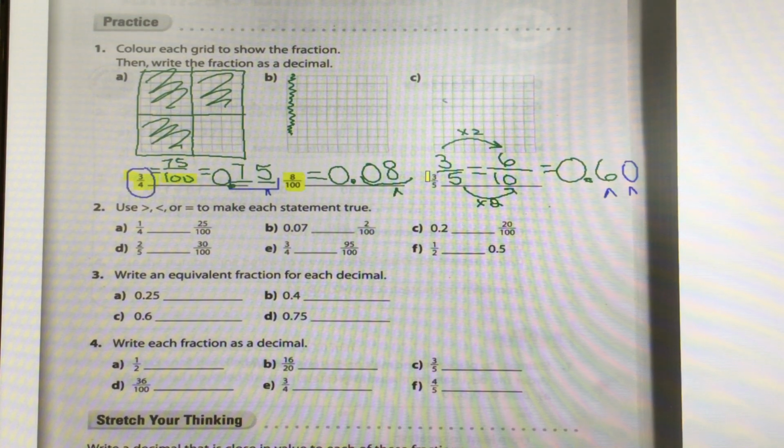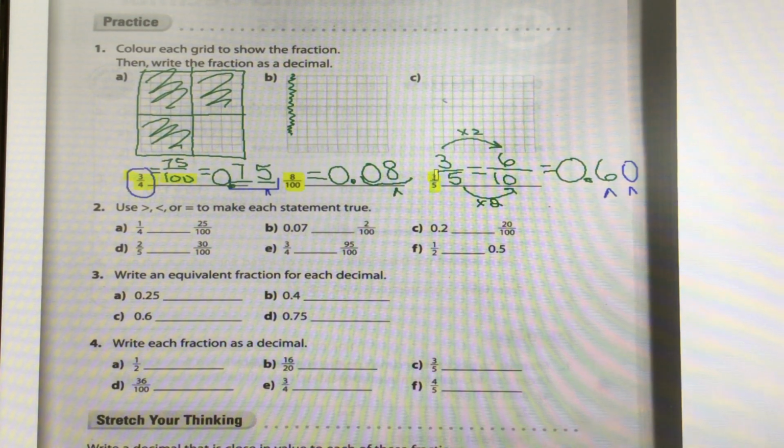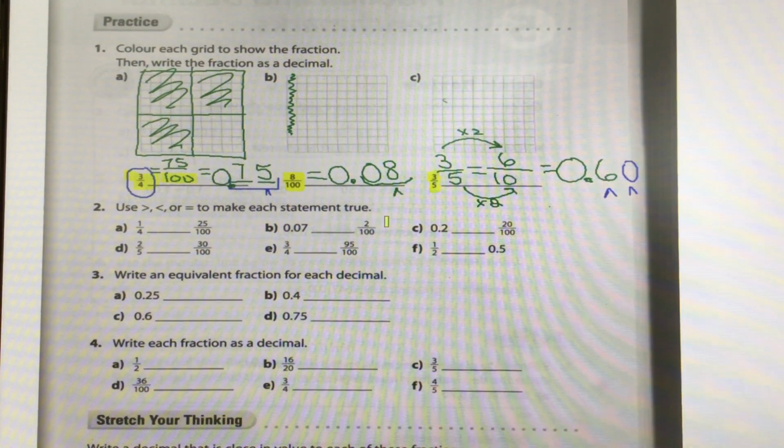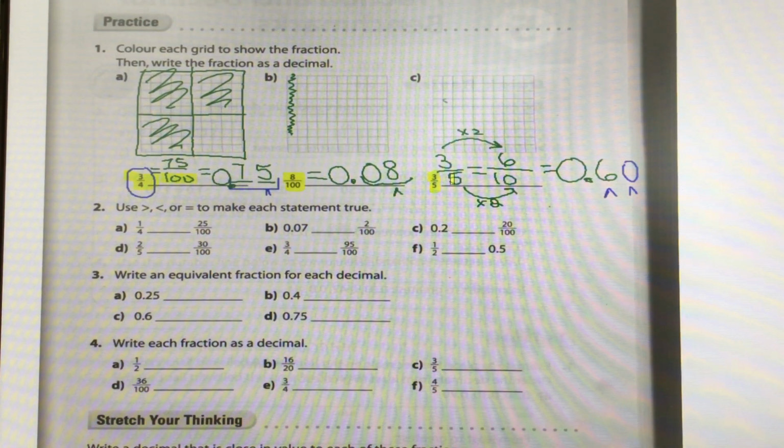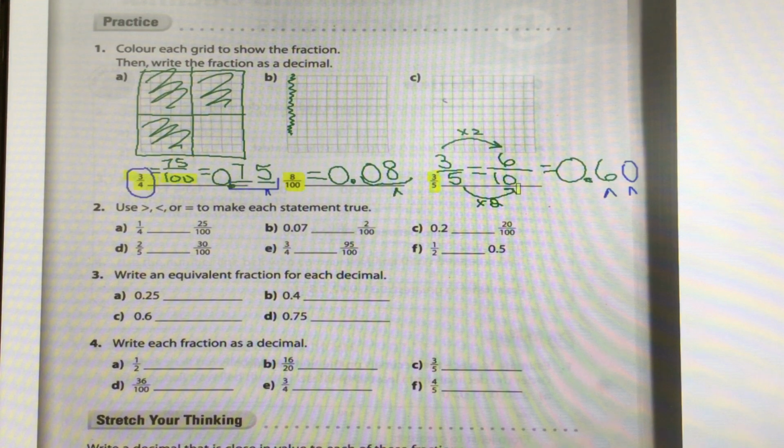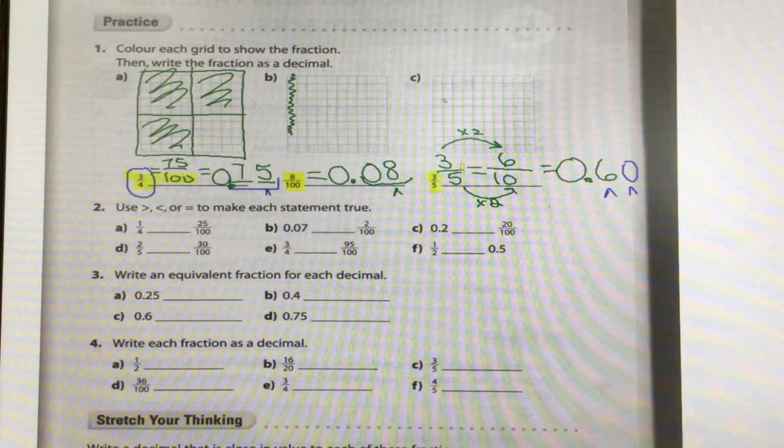In this case, 3 out of 5. I'm going to let you shade this in and see what you come up with. But we start with 3 over 5, and we need to get it into something over 10 or something over 100. So we multiply the denominator by 2 to get 10. We multiply the numerator by 2 because whatever we do to our denominator, we have to do to our numerator.